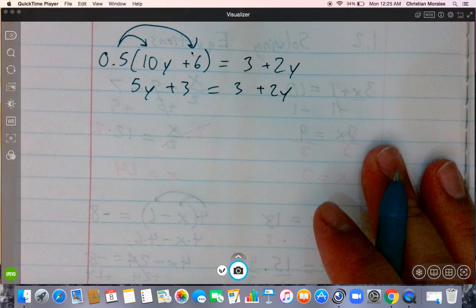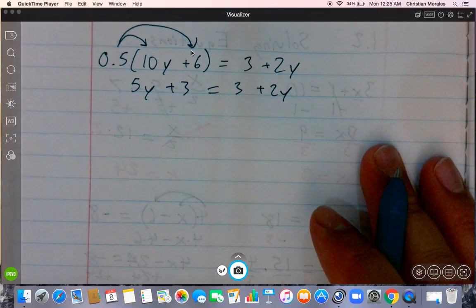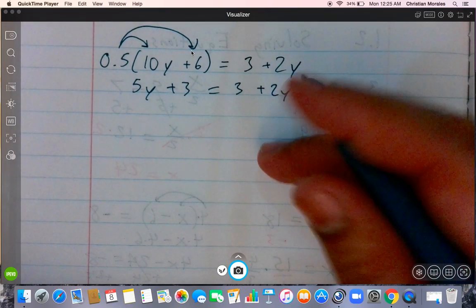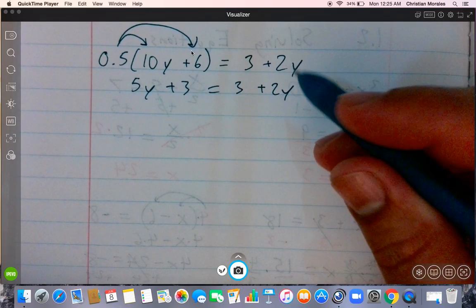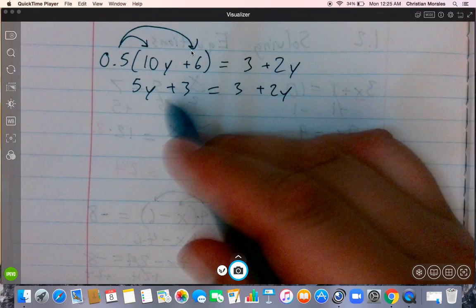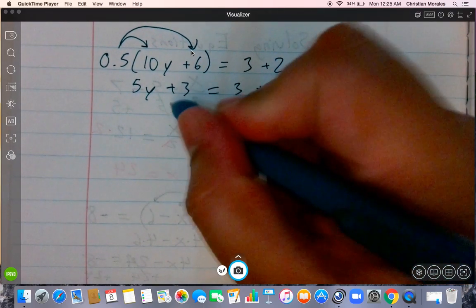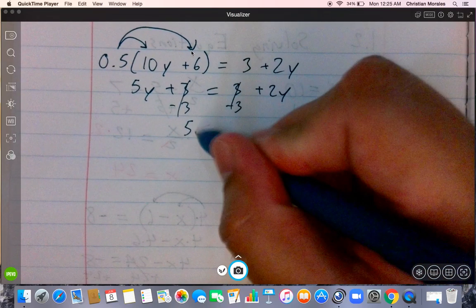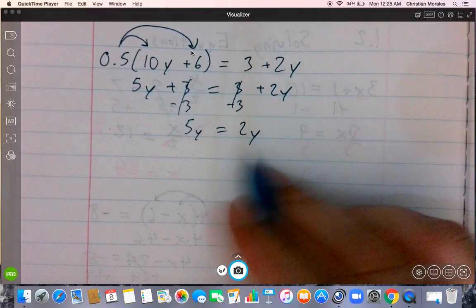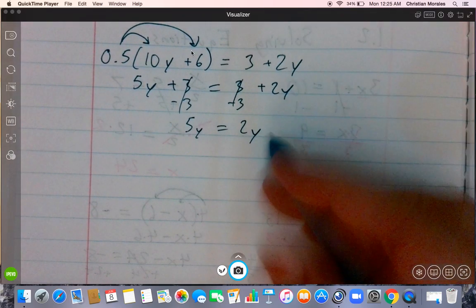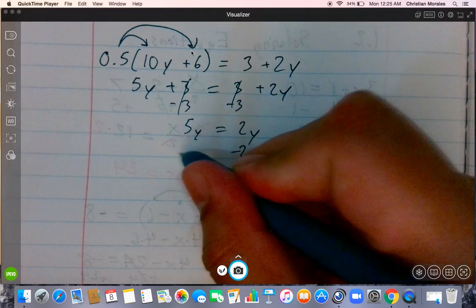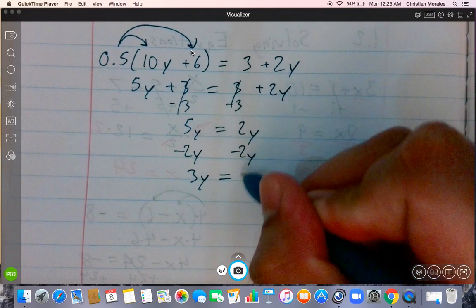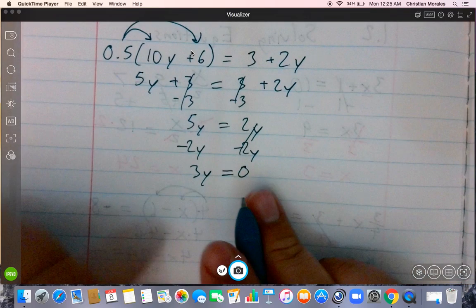Right here, the 3's will cancel out. Left with 5y equals 2y. Now, you have too many y's, so you want to move one to the other side. Now, this is different. The y's do not cancel out. You have this. 3y equals 0.